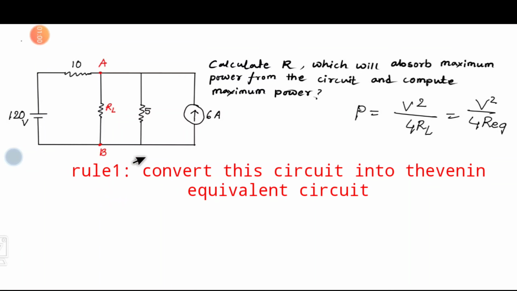Now look at this circuit. This question is a little bit tricky. In this question, the load resistance is provided in the middle of the circuit, so we have to convert this circuit into a simple form so that we can understand it easily.